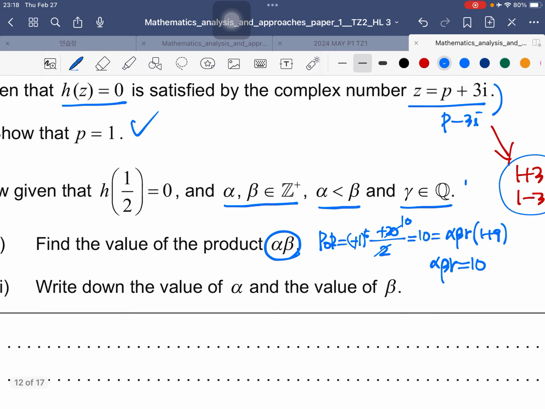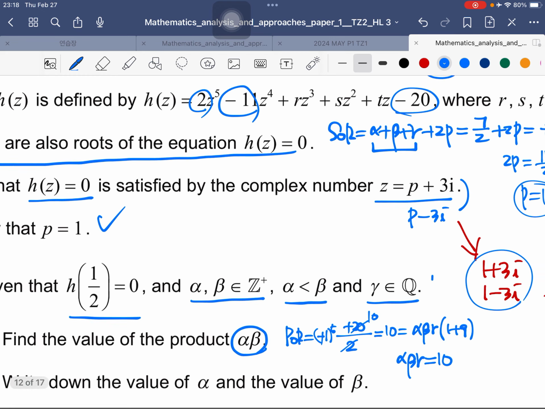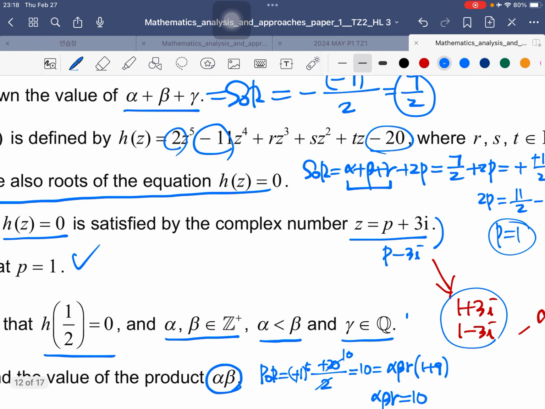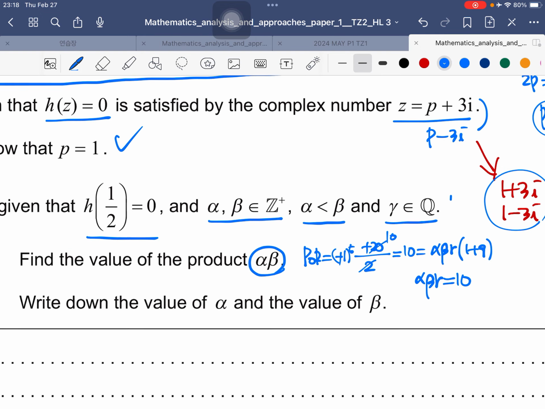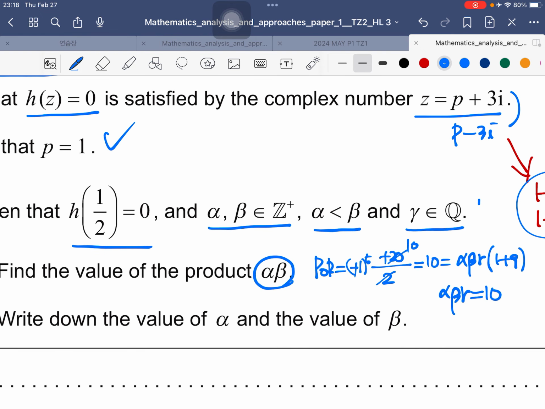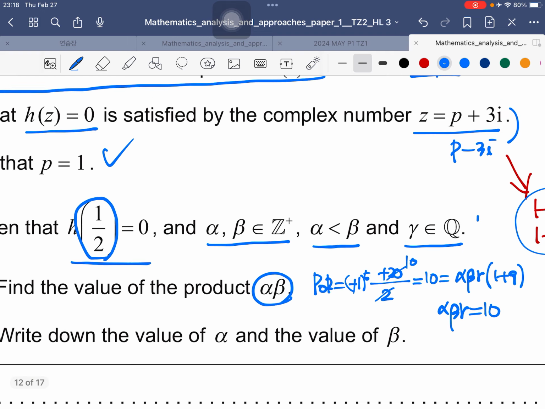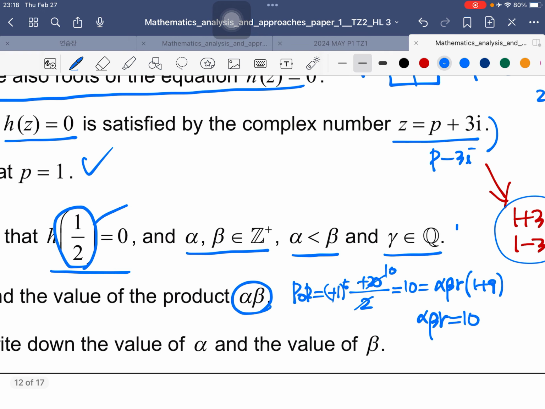And the other fact is h(1/2) is 0. This means that 1/2 is a root of that equation, and it must be gamma, because gamma is a rational number and alpha and beta are positive integers.